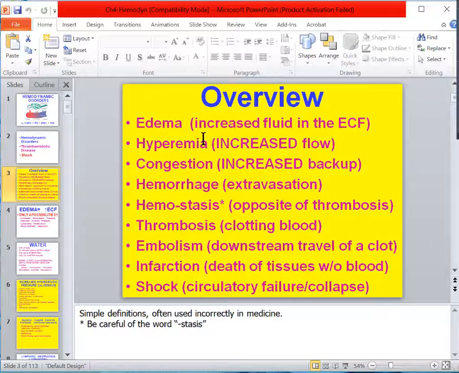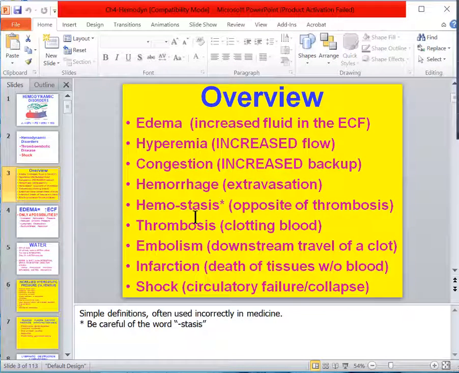It's an increased flow of blood. Congestion is increased backup of blood. So if you're looking at blood vessels and they look like they're very prominent, they may be prominent because they're getting too much flow, or maybe they're not being drained quickly enough through the venous system. Hemorrhage is extravasation of blood.